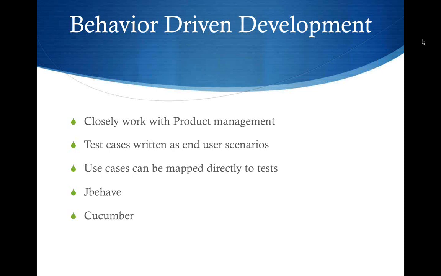There are some popular tools available, like in the Java world there is JBehave, and in the Ruby world there is Cucumber, which can be used to do this. I would recommend behavior-driven development very highly for mobile development. I would recommend that every test team working on a mobile app should do behavior-driven development and start using something like Cucumber for writing all their test cases.